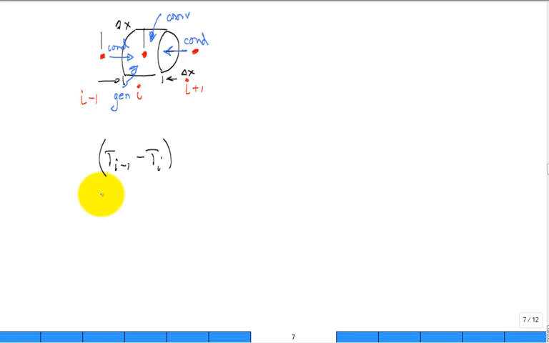So I write it T(i minus 1) minus Ti. Okay. Then I multiply by k, the cross-sectional area for conduction, divided by the distance. Okay, let's go to the next conduction in. I'm going to write it T(i plus 1) minus Ti. That'll be a positive temperature difference driving the flow into the node. I'll have a k, A sub c divided by delta x.